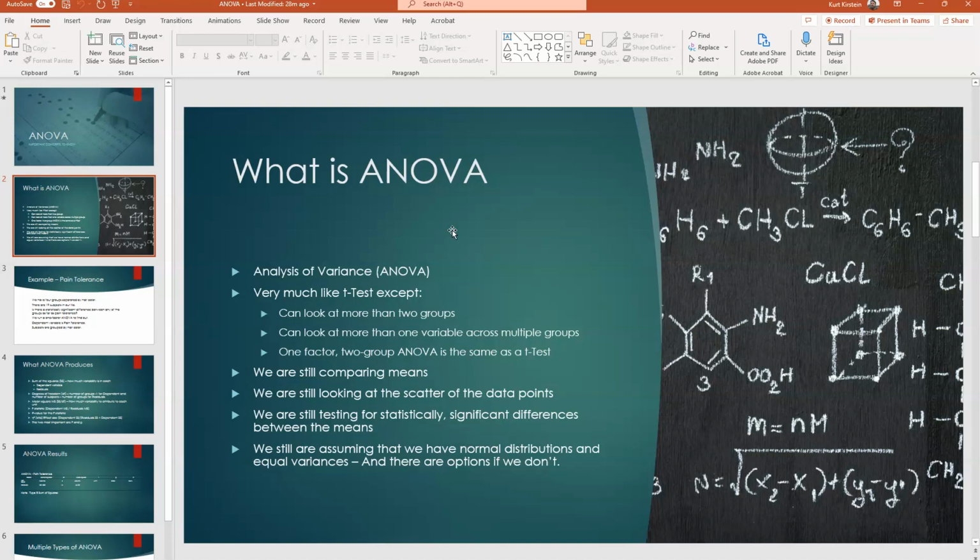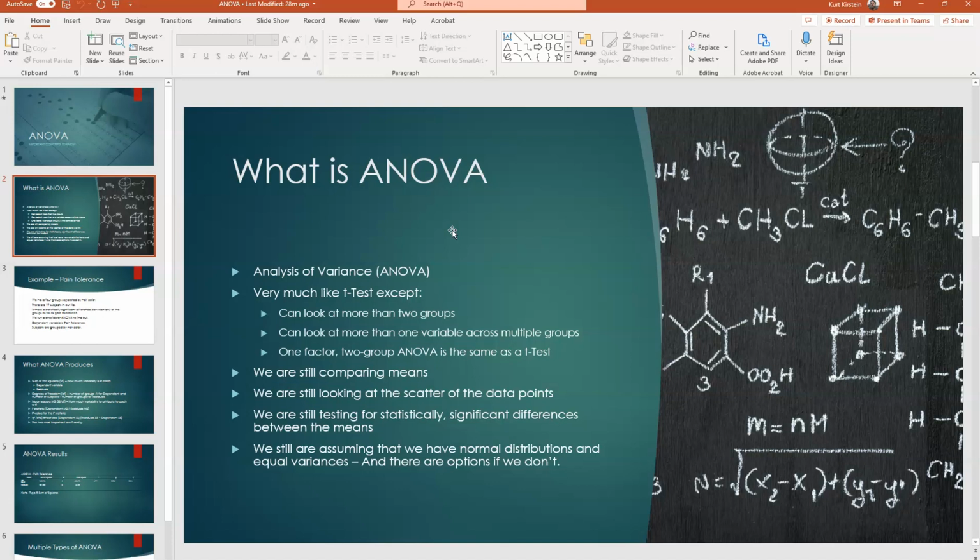So analysis of variance is very much like t-test, as I've indicated, except we can look at more than two groups. We can look at more than one variable across multiple groups. But in truth, if you are going to run a one-factor ANOVA using two groups, it's the same as the t-test. We're still comparing means across the groups of a particular variable or set of variables.